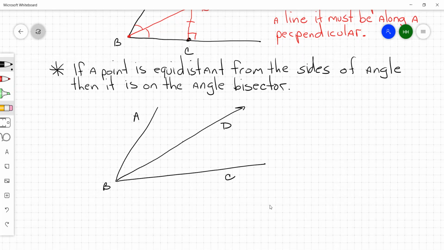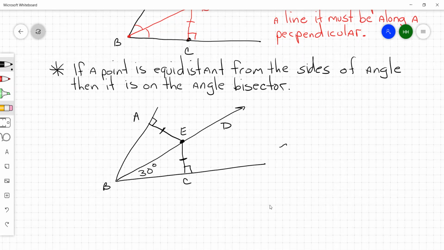If you're told that there's a point E sitting on this ray, and you're told that that distance is the same as this distance, if those two distances are the same from E to A and from E to C, and then this angle here is 30 degrees.